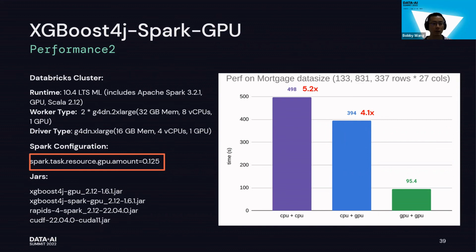With this setting, there will be 16 tasks running for the XGBoost ETL stages at a time. So from the test result, we can see the GPU still has 5.2x speedup than CPU, and 4.1x speedup than CPU-GPU. The performance is impressive.